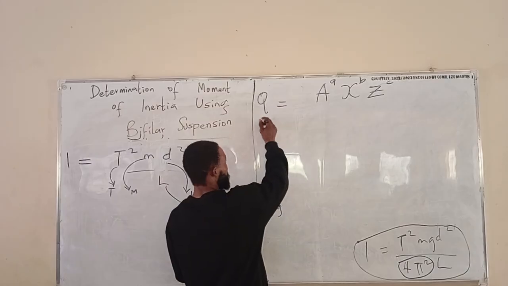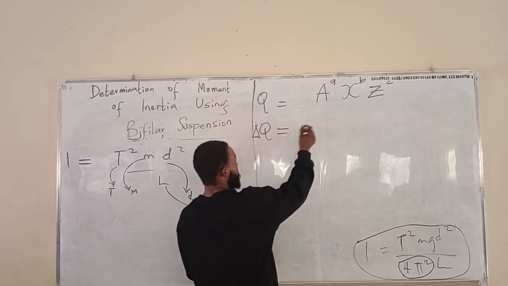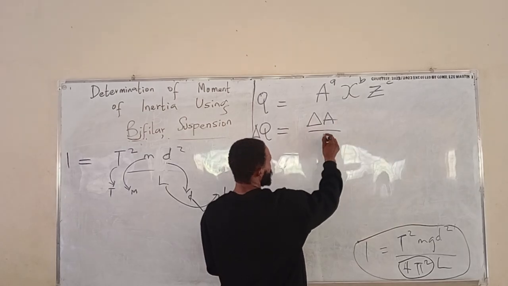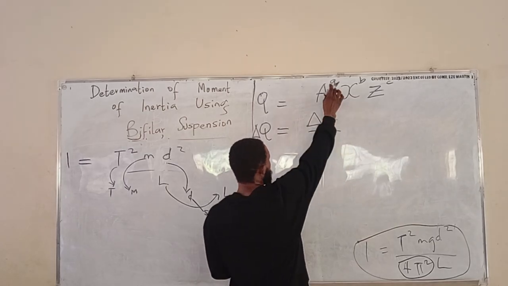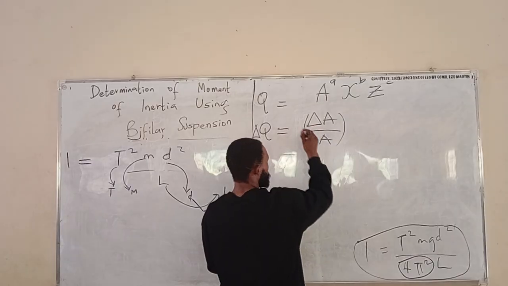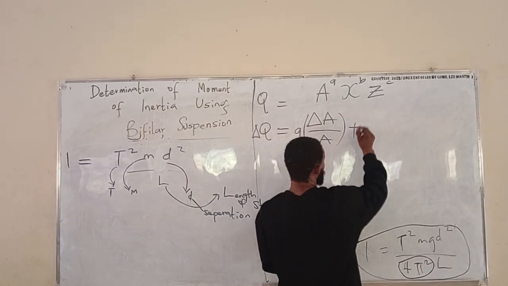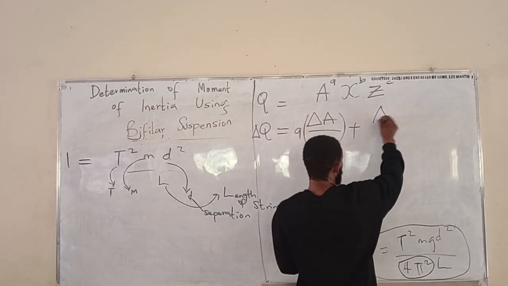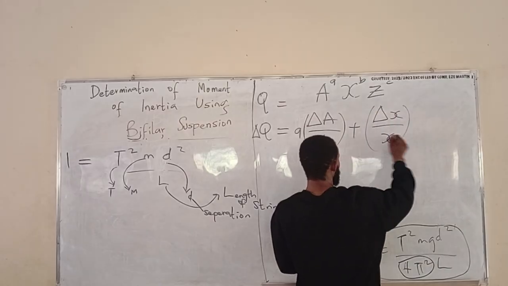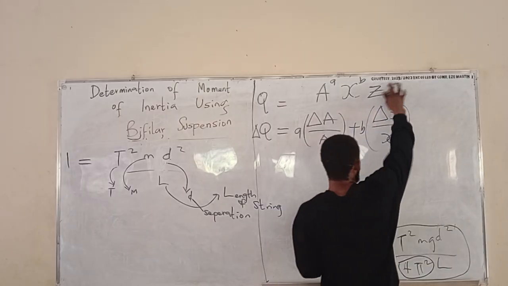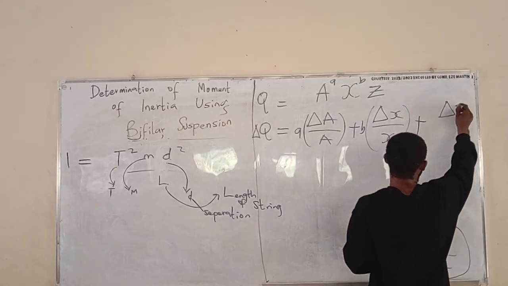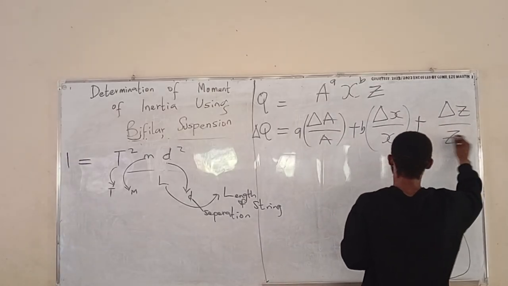Change in Q over Q will simply be equal to change in A over A multiplied by the power, plus change in X over X multiplied by the power. Let's say this one does not have a power, that means this will be just plus change in Z over Z.